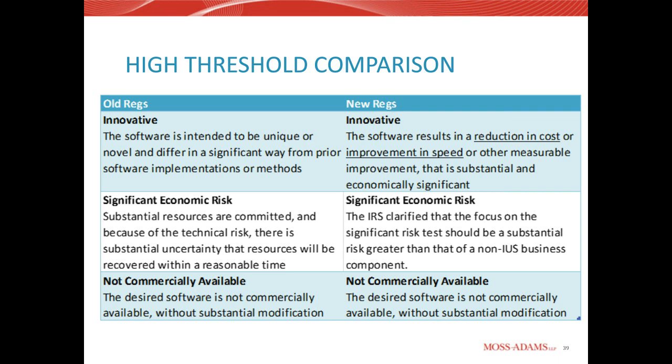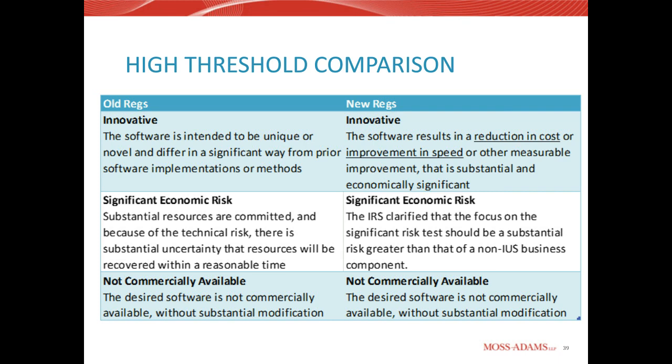Last one, not too much change there. It's got to be not commercially available, so nothing off the shelf that would be able to be used to satisfy the taxpayer's need without some kind of substantial modification. So no real change there.